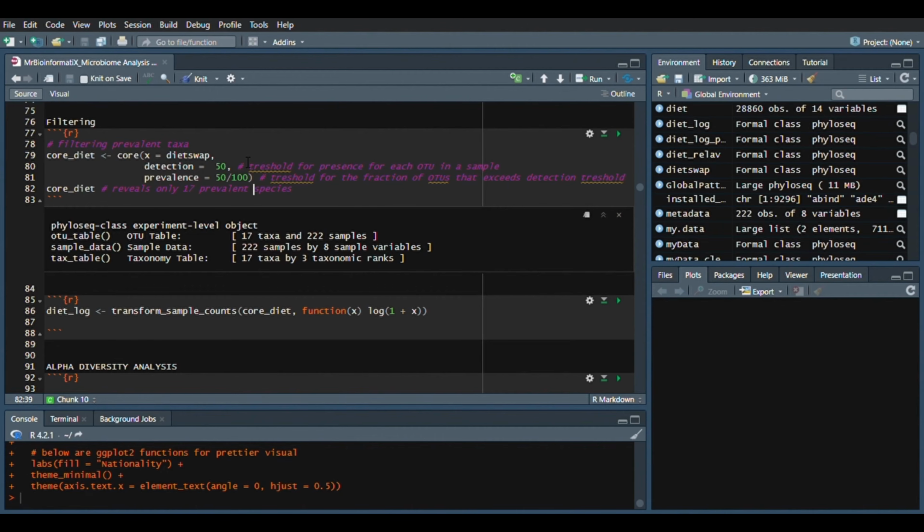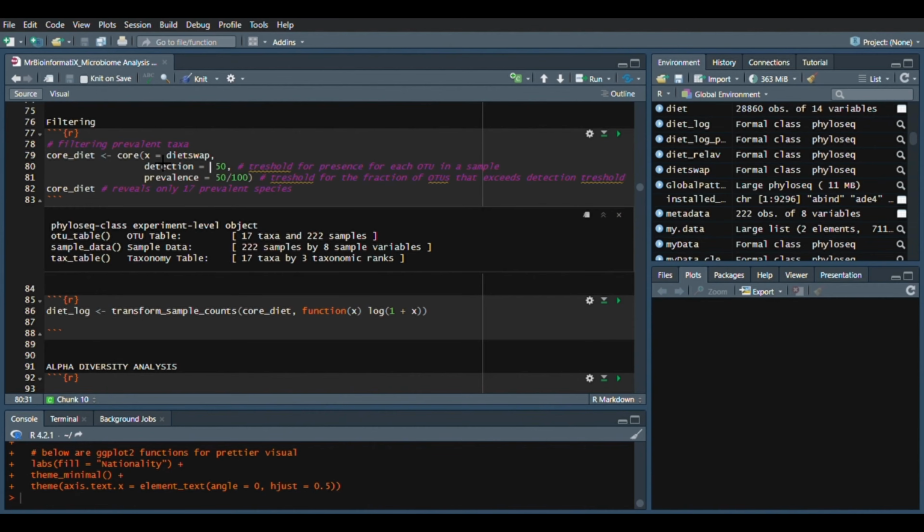And then we look at our data, or core diet. The core function is used to filter the dataset to retain only the prevalent taxa based on specified thresholds. We put our parameters, x equal diet swap. This specifies the phyloseq object containing the microbial data to be filtered.